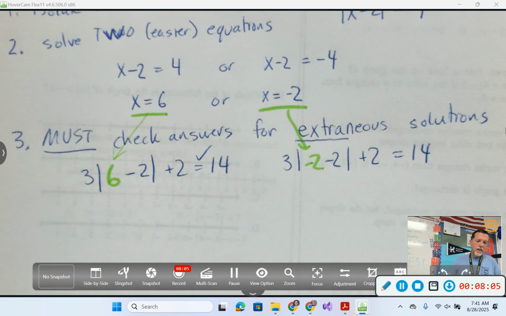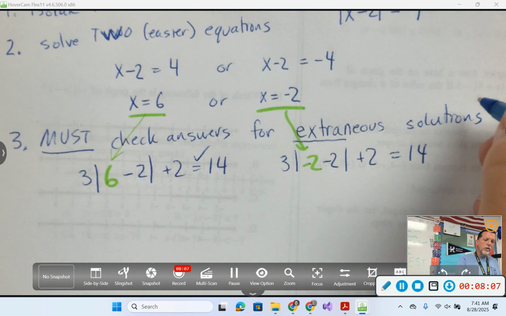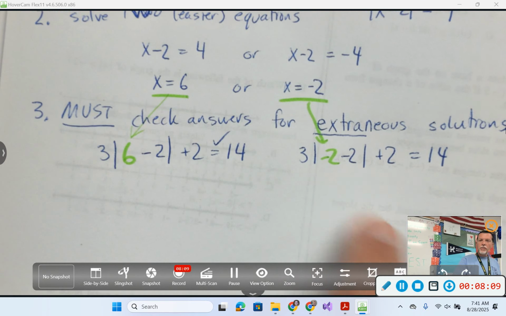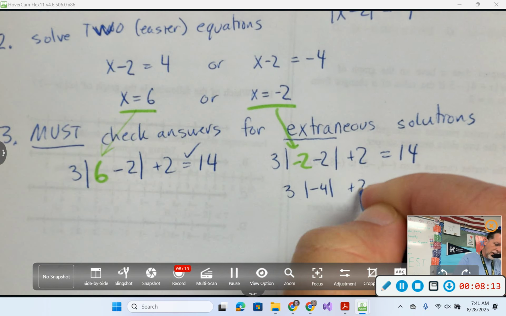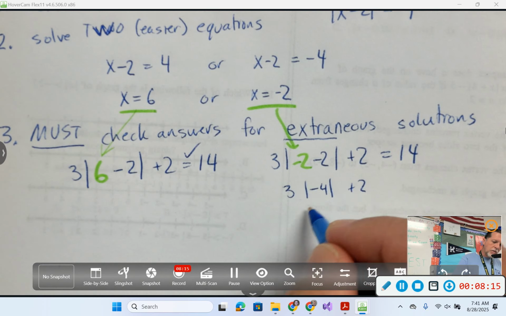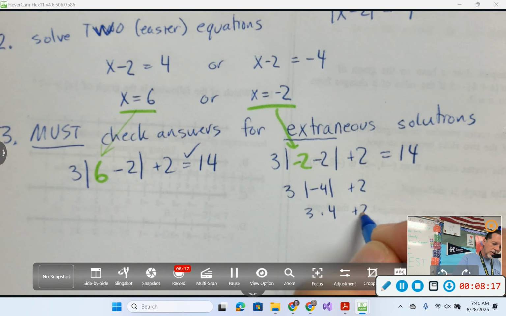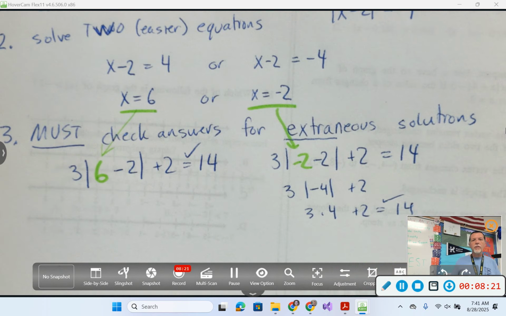If I ask you the absolute value of negative 4, you know it's 4. But somehow when it comes to equations, people forget that you use the absolute value there. 3 times positive 4 plus 2, 12 plus 2 equals 14. So yeah, we're good. We'll see one in a minute that doesn't work, and you'll understand why we have to check them.